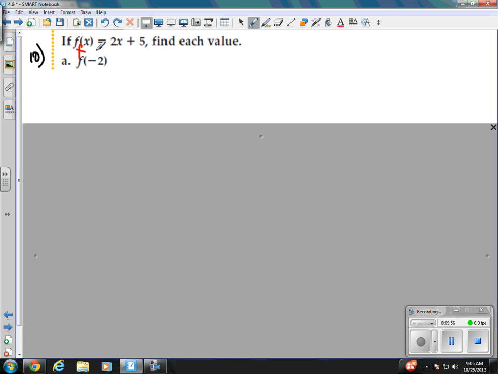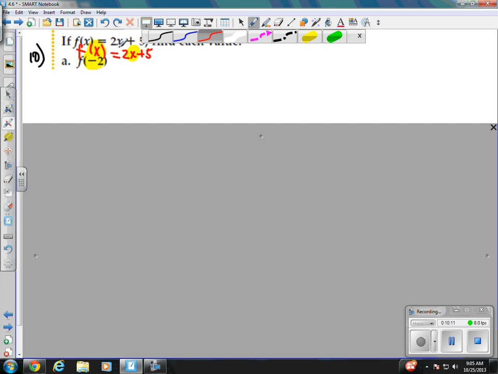So if you look, I write the function notation right above it, f of x equals 2x plus 5. If I replace this x with a negative 2, then I have to replace this x with a negative 2. So f of negative 2 equals 2 times negative 2 plus 5.